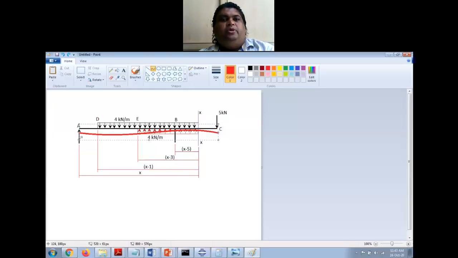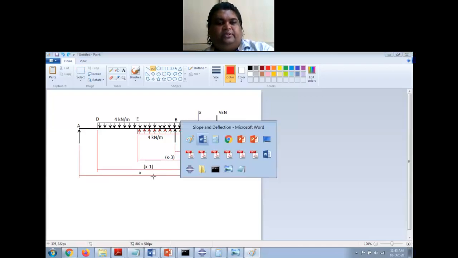Here also it is bending. Here also there is sagging bending moment. So in this kind of beam, there will definitely be a point of contraflexion. In unit number 2, we have seen that we will definitely get a point of contraflexion.